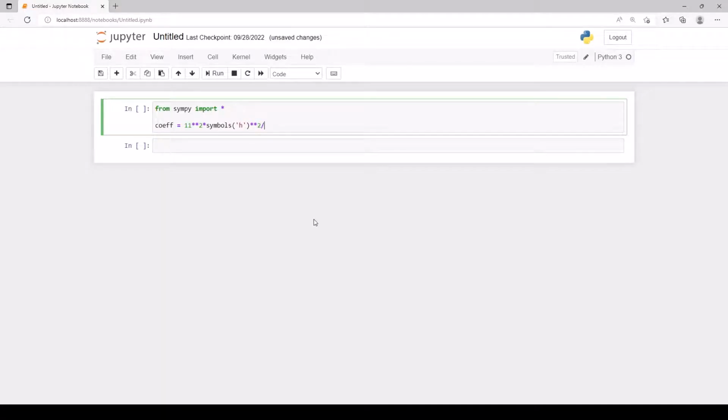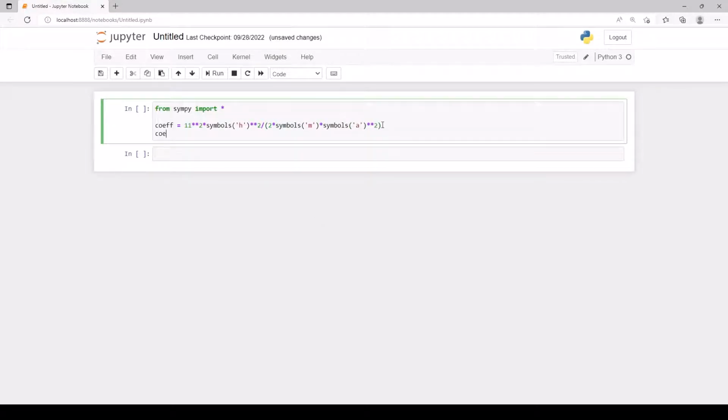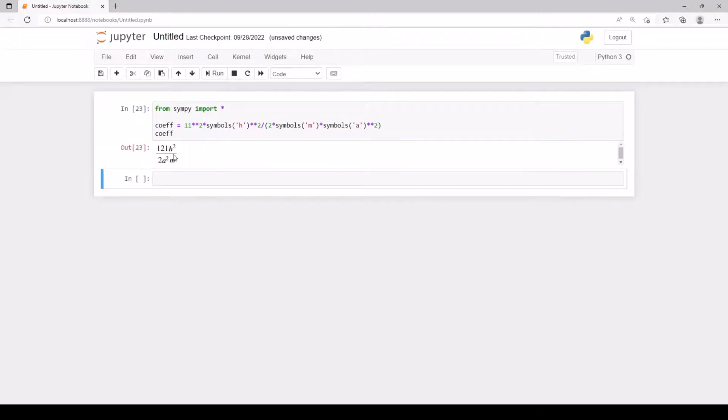This is then divided by 2ma squared, so 2 times symbols m times symbols a squared. And then let's just print our coefficient. 121 h bar squared over 2ma squared.